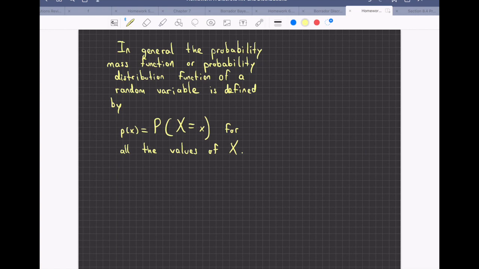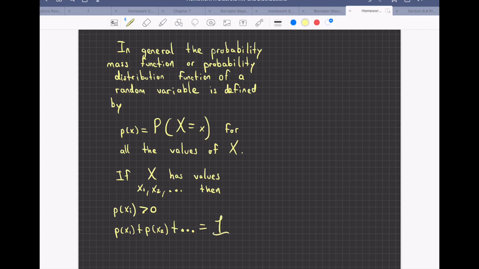And of course, if x has values x1, x2, and so on, then the probability for any xi should be positive, and the probability of x1 plus the probability of x2, and so on, this sum should be equal to 1.